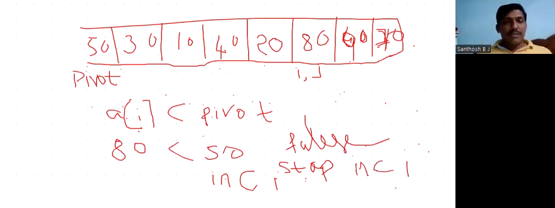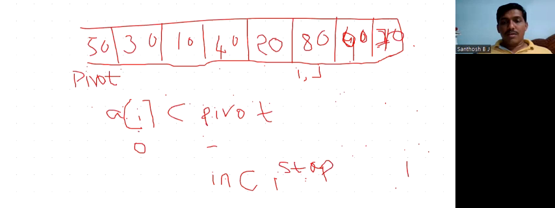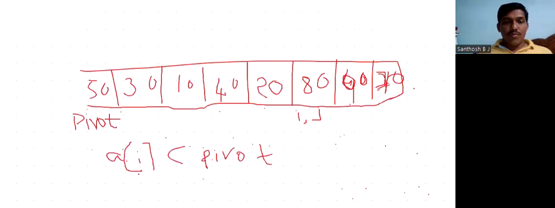Next, the second comparison: come to the A of J value and compare with A of J. After stopping I, we move on to J. What is the J value now? What is the condition?